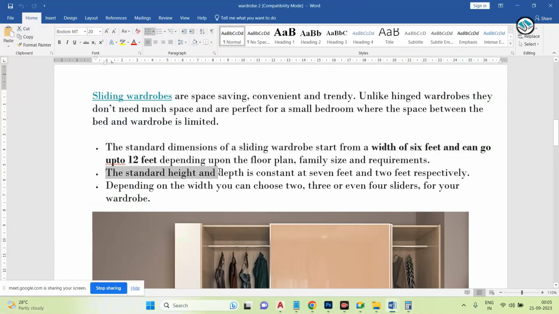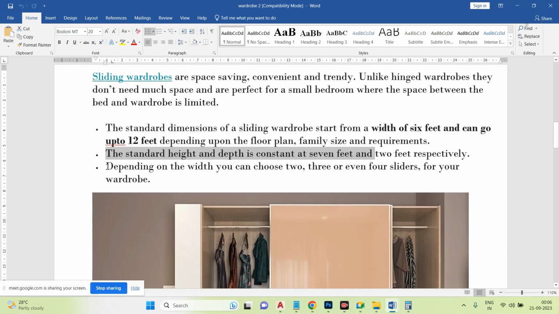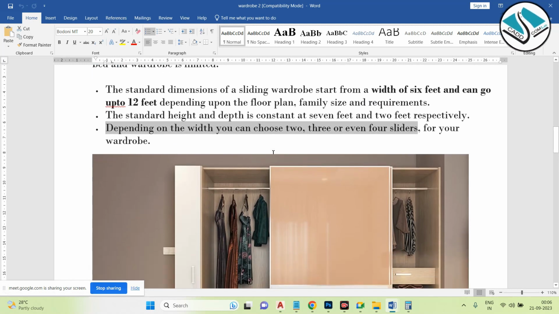You can see here the standard height and depth is constant at 7 feet. Depending on the width, you can use 2, 3, or even 4 sliders. It's a common thing that you can mention 2 sliders, 3, 4 sliders.